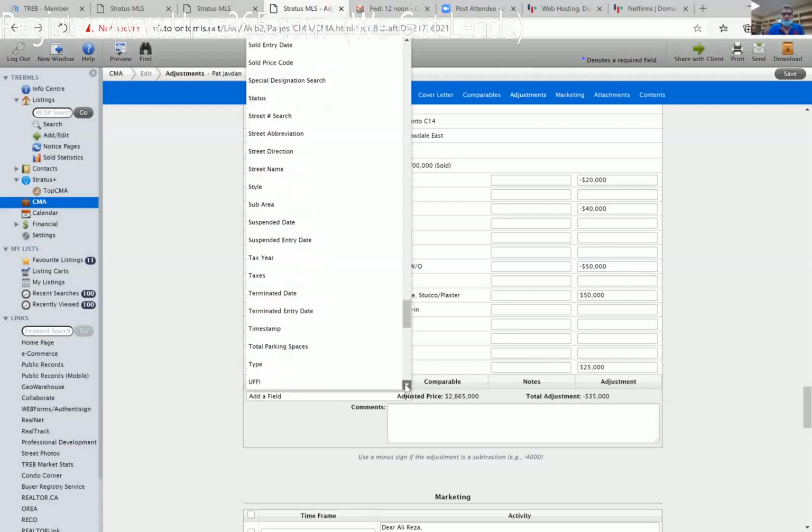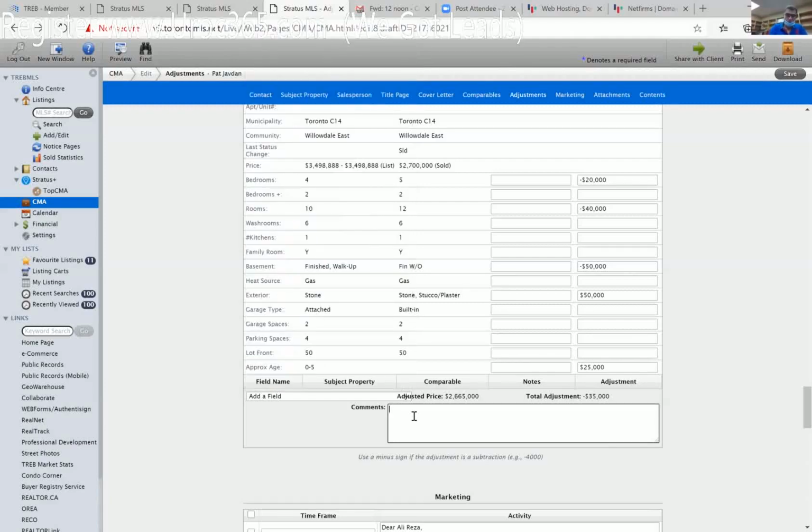If you cannot find it here, those things that you have in your mind, you can put it here as more adjustment for this property. Square footage is in the MLS.